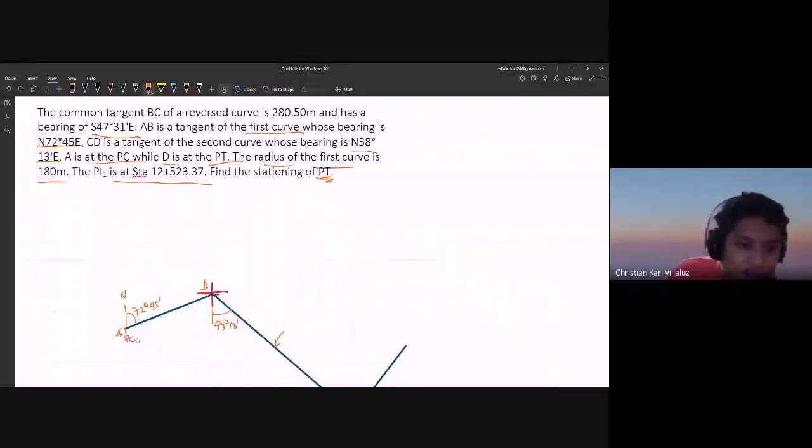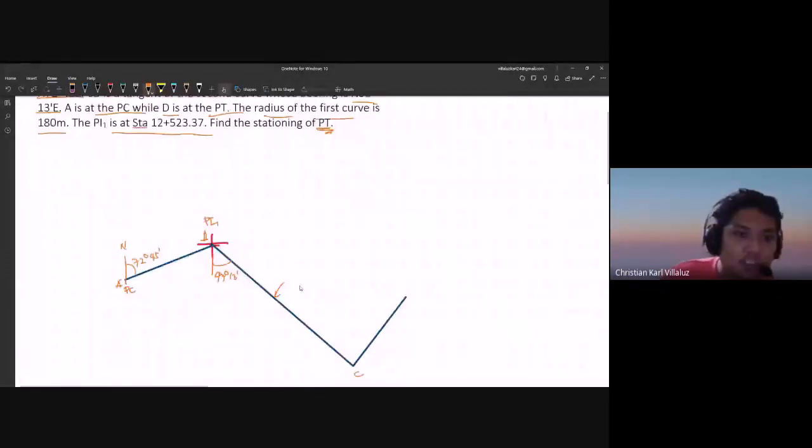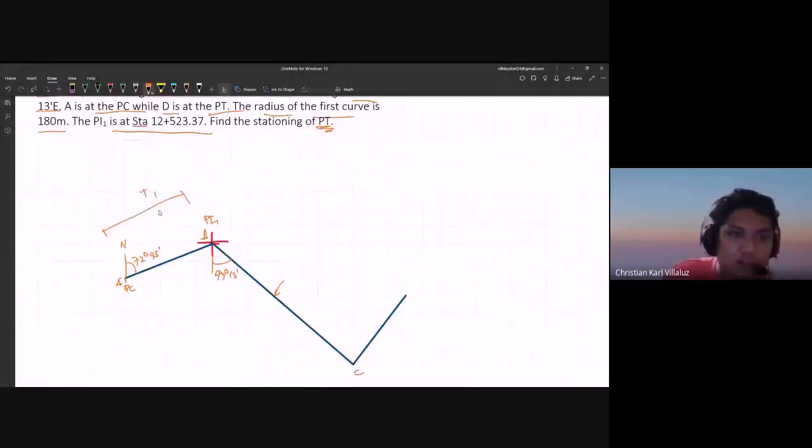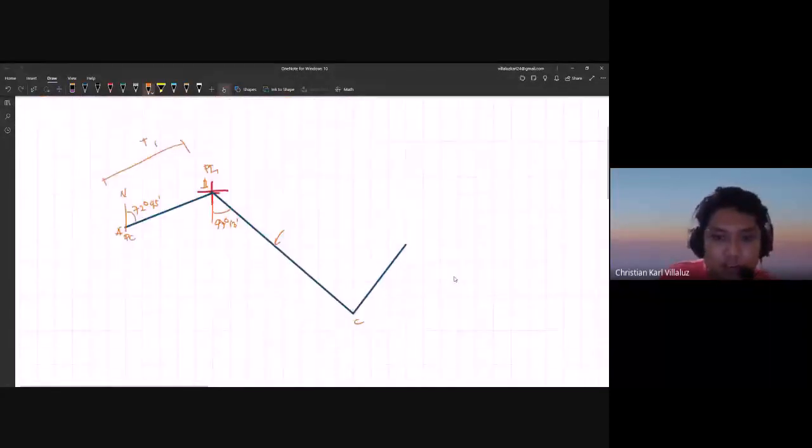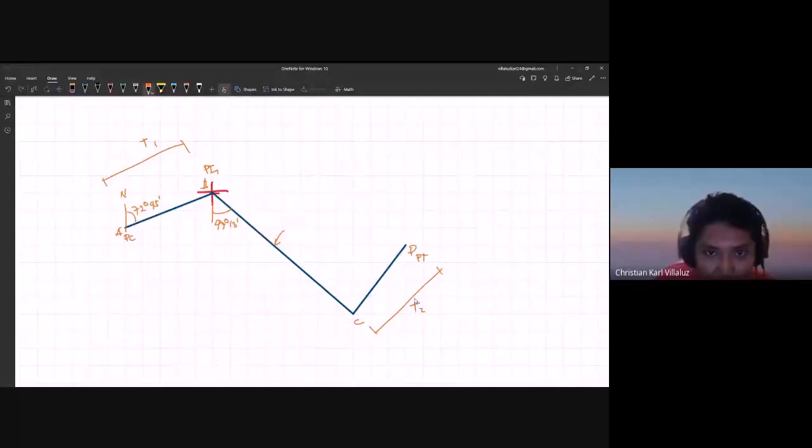So, it means from PC to B, which is the point of intersection of the first, yun na yung length of tangent natin. Length of tangent of the first curve. Kasi sinabi na yun din yung location ng PC. Same applies here sa point C to D. Sinabi din doon na ito yung PT. Ito na din yung length ng tangent 2. So, yun.